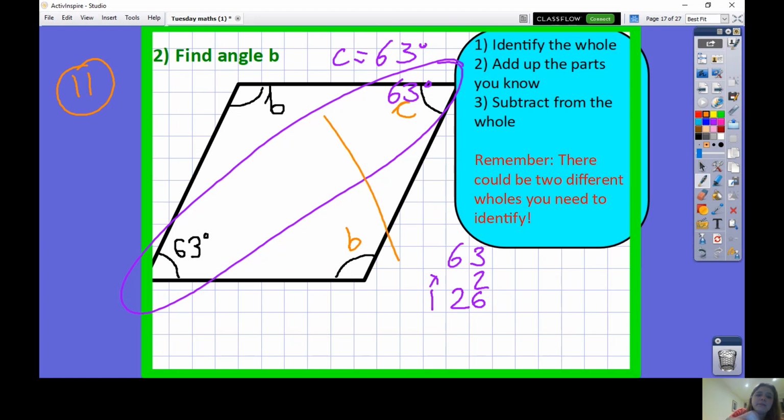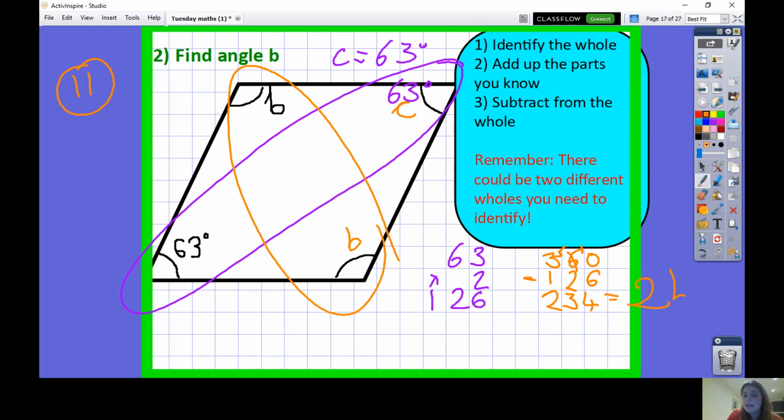In order to find the angle B's then, all I need to do is 360 degrees take away 126. That will be 234. But remember, that is the same as 2 B's. So if you've stopped there, you just missed your final steps. If 2 B's are 234, to find one by itself, you just need to do 234 divided by 2.